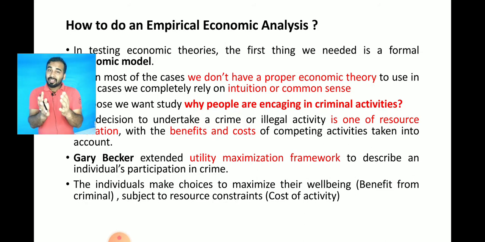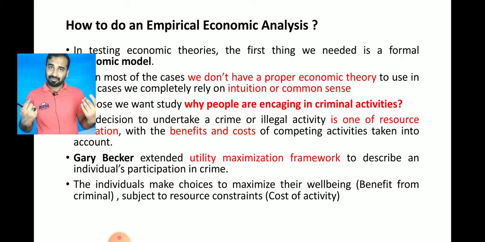Here we don't have a proper economic theory, but he connected this problem with a particular economic theory. Becker said that individuals make choices to maximize their well-being. Why are some people making choices? Only to maximize their utility or well-being. So the maximization of well-being means what?